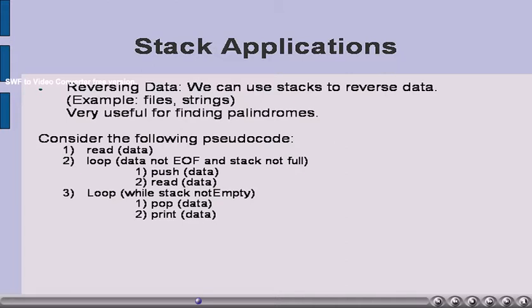Then again pop the next item and compare with the second character in the string. If we go on doing that, then we can find out whether the string is a palindrome or not. In this type of application, one can use a stack.